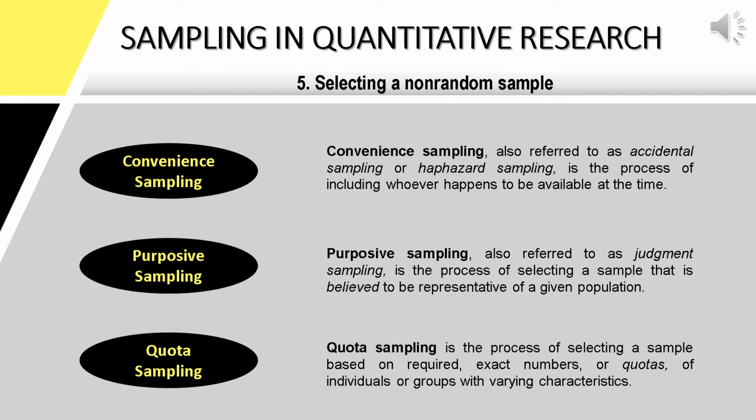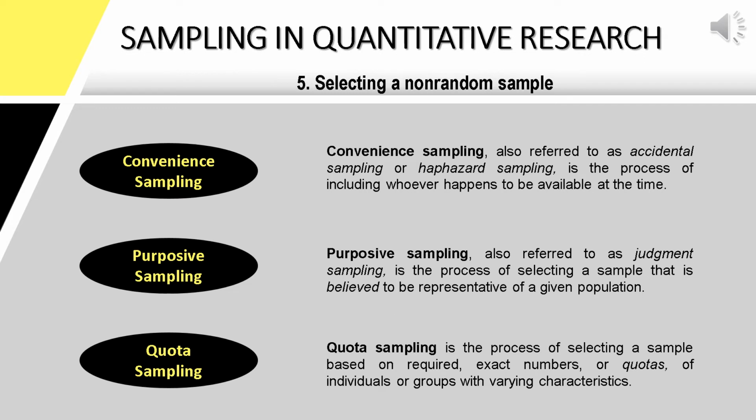Pag sinabi naman natin purposive sampling, also referred to as judgment sampling, it is the process of selecting a sample that is believed to be representative of a given population. Ito ay non-random din kasi ikaw as a researcher yung namili.